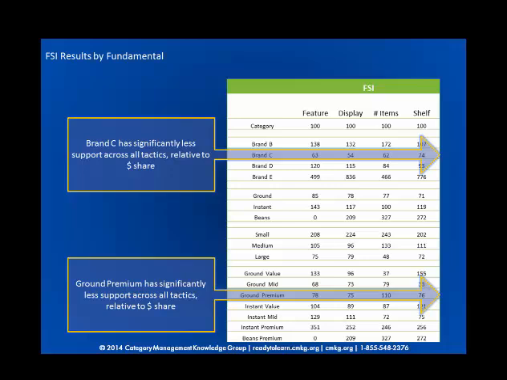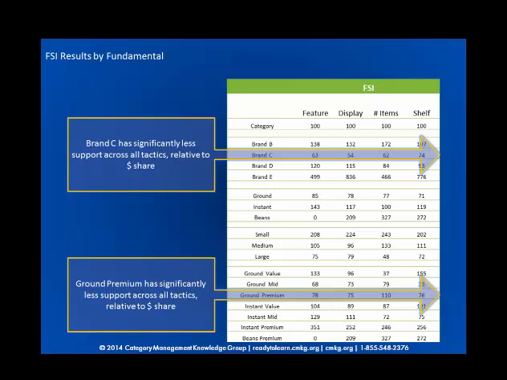And so we can then look at that and understand what is brand C. Is it a national brand? Is it a brand that's intended to be convenience or play a different role within the category? What are the strategies behind that? But we can then use that fair share index to drive some plans and some targets for that particular brand to increase their fair share, to decrease it, whatever it might be.